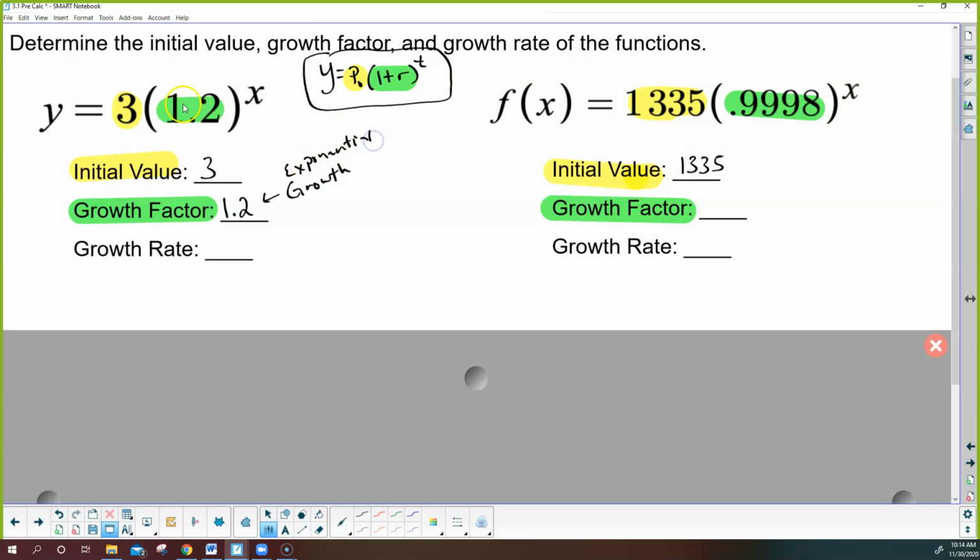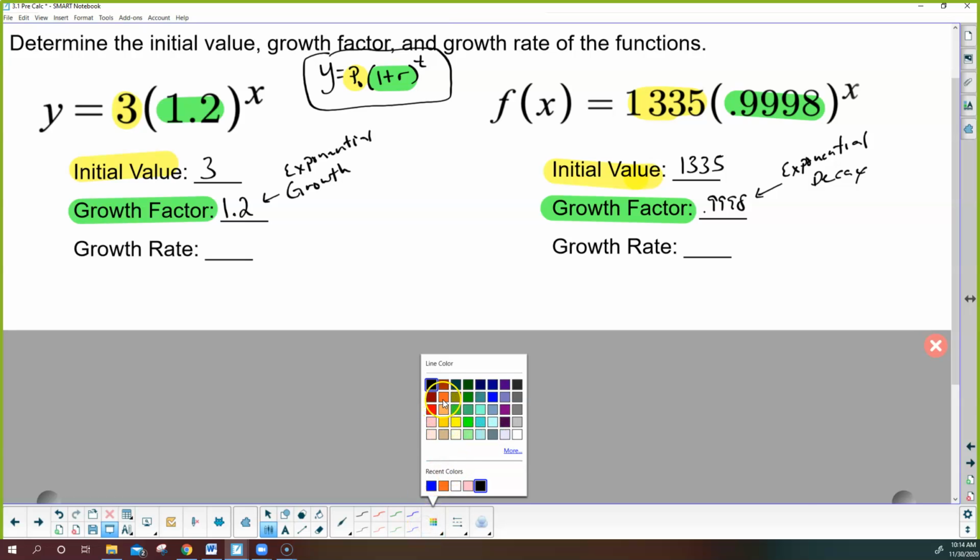So you can tell right away if it's growth or decay, right? Just from the growth factor. So because it's greater than 1, exponential growth. But look at this one. This is less than 1, 0.9998, which means this is going to be the exponential decay model, because it's less than 1.